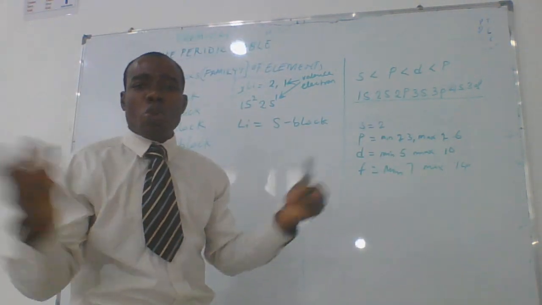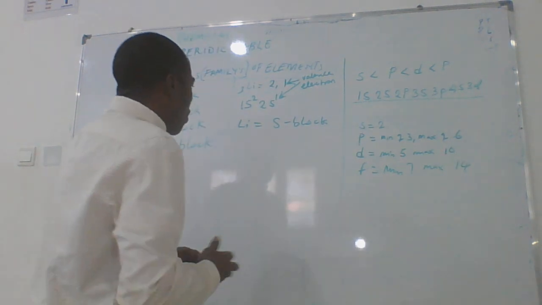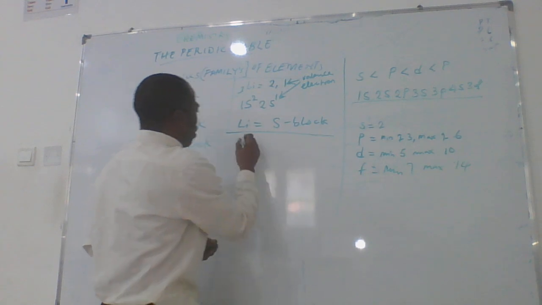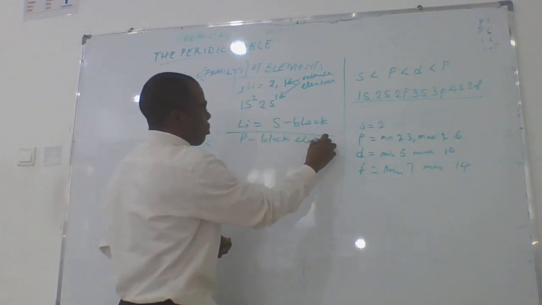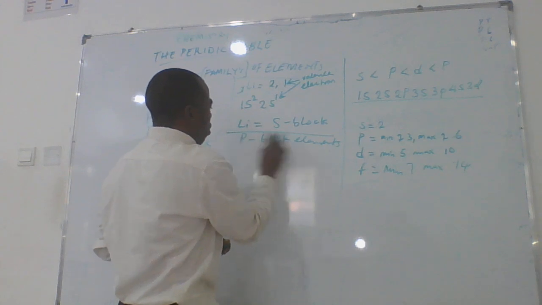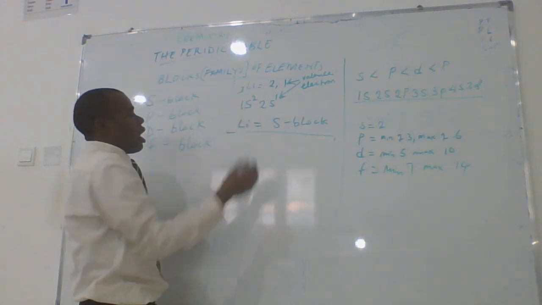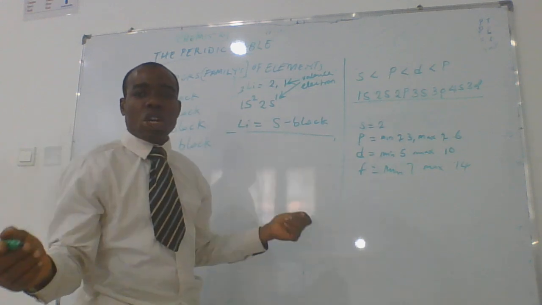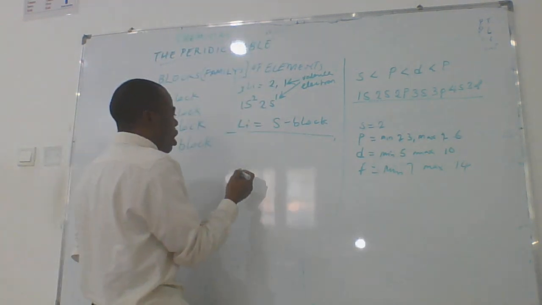Let me give you 2 more examples, then we'll move on to the next one. Like I said, sodium, calcium, magnesium, they are all there. So let me take a group 2 element now.